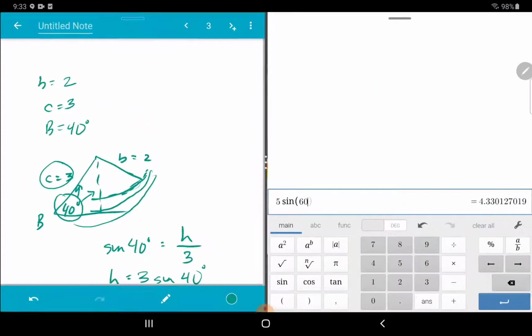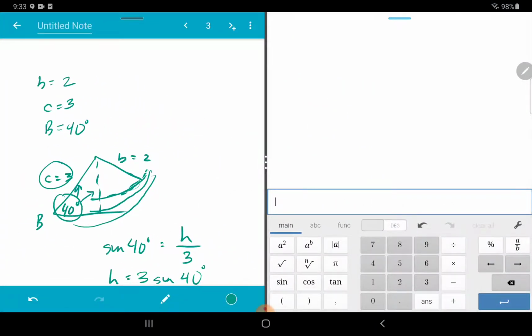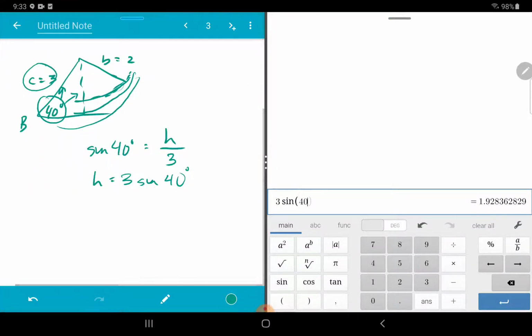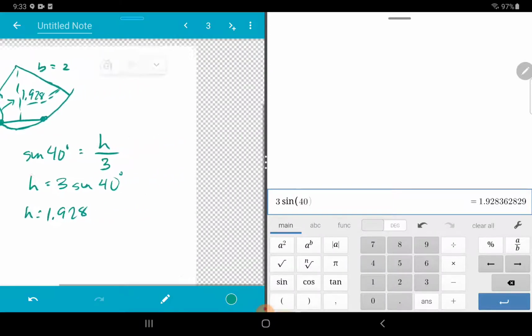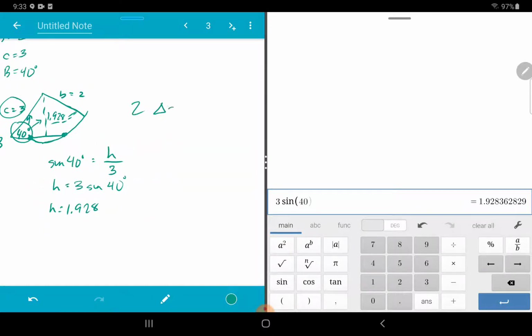Let's find the value. 3 sine 40 gives us a height of 1.928, which means if you take a look at the values, 2 is definitely larger than that. So it's going to pass above the height, and because 2 is smaller than 3, you're going to end up intersecting that line twice. So in this case, we have 2 triangles formed.